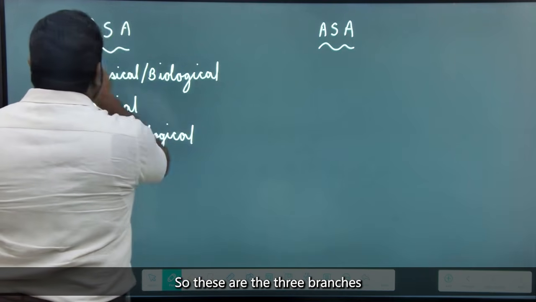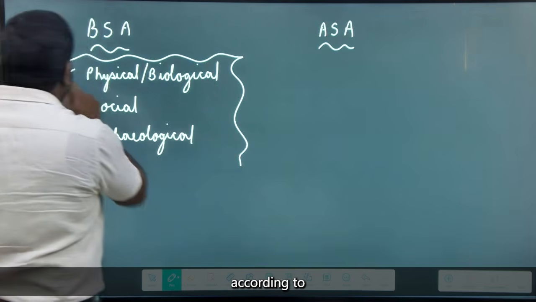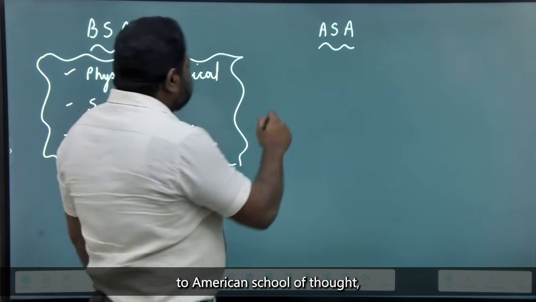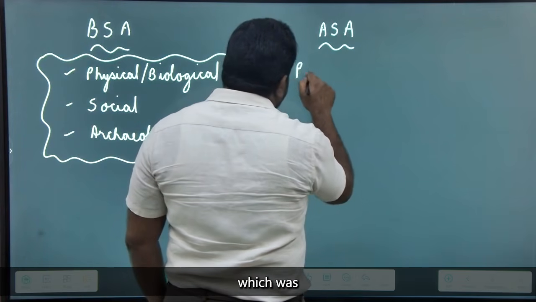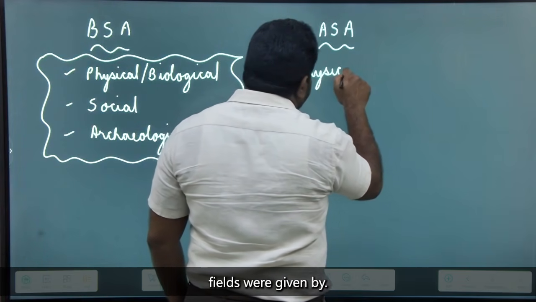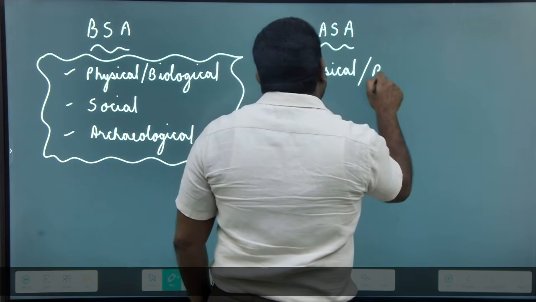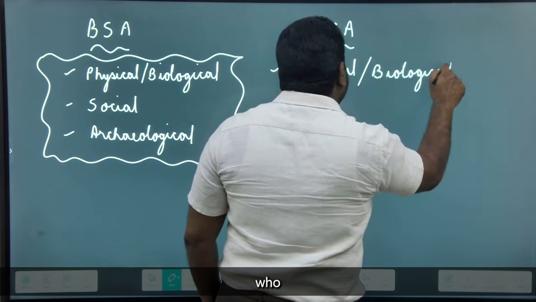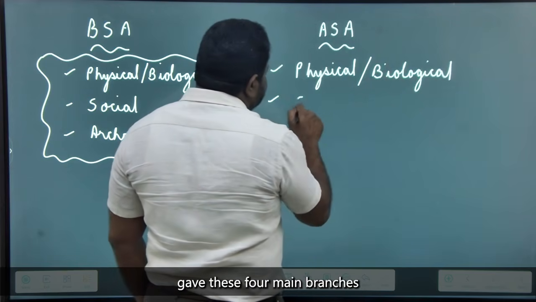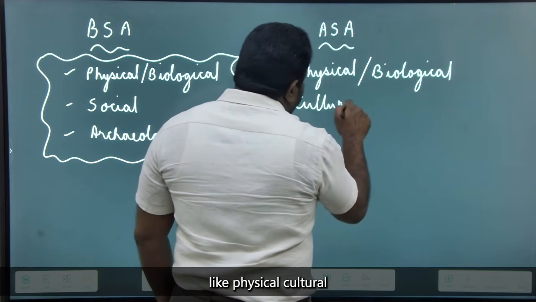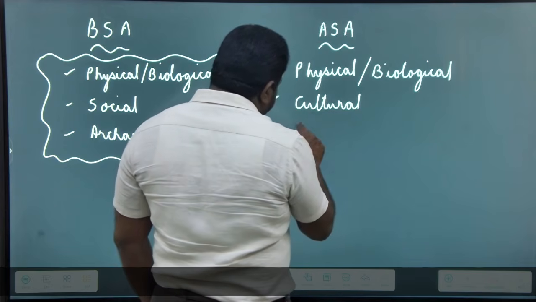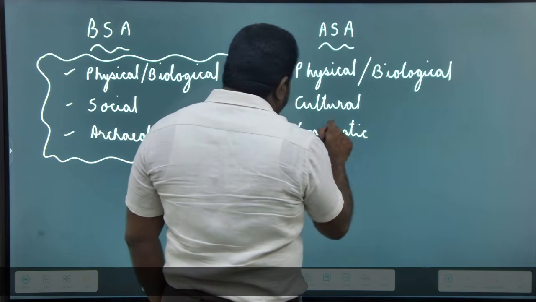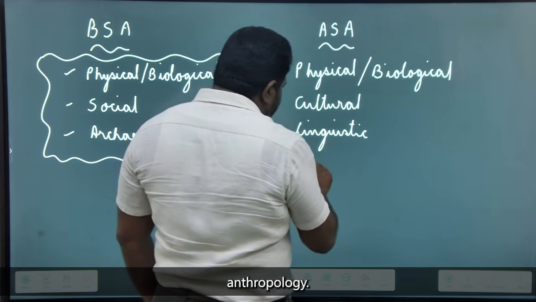But according to American school of thought, these four fields were given by Franz Boas, who gave these four main branches: physical, cultural, linguistic anthropology and archaeological anthropology.